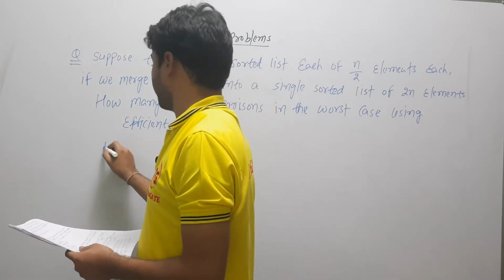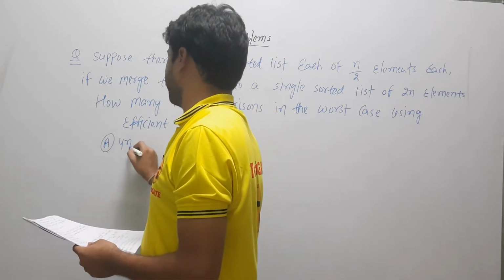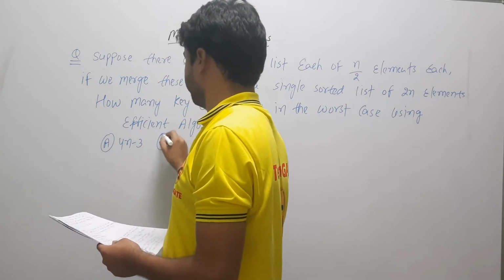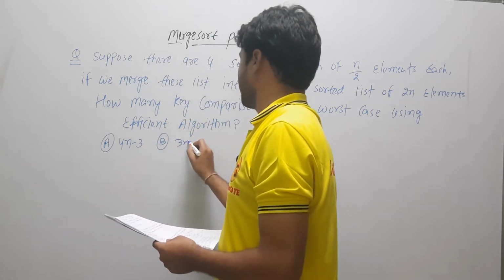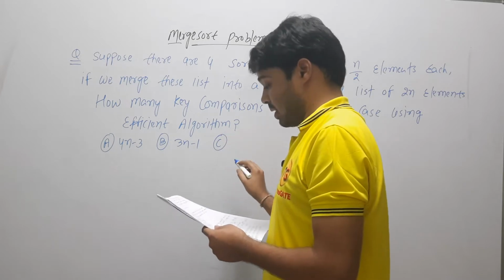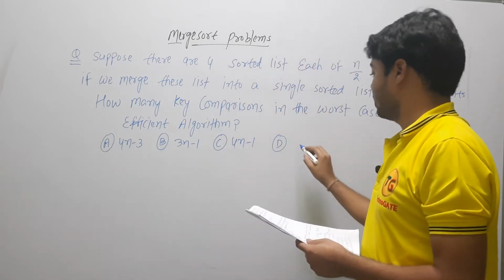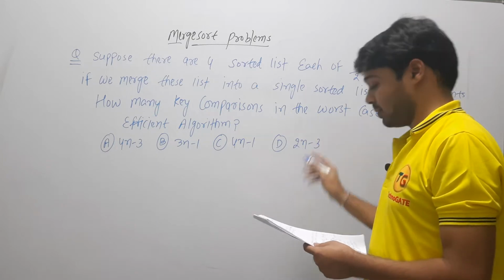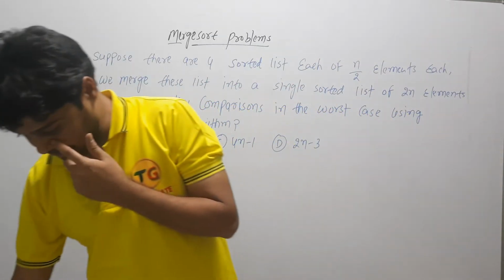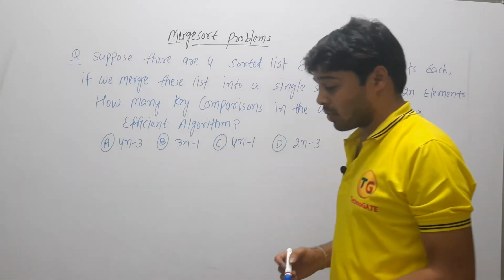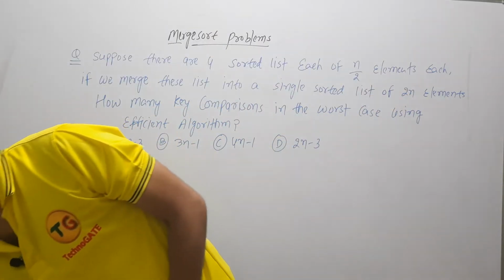Okay, so let's check here. So A is 4n minus 3, B is 3n minus 1, C is 4n minus 1, and D is 2n minus 3 here. Okay, so now let's check here. So what is the first problem here?